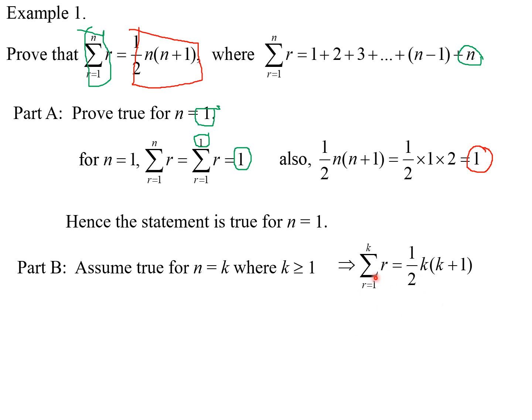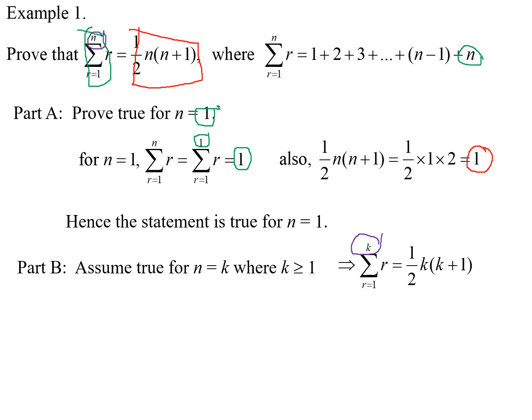So sigma of r, now your n has become k. Please pay attention to the correct notation. Look here, your n is substituted with k.